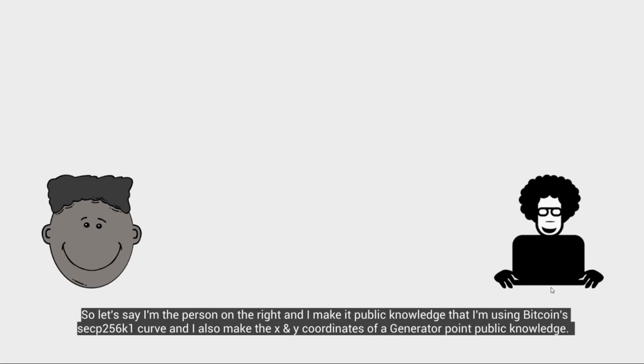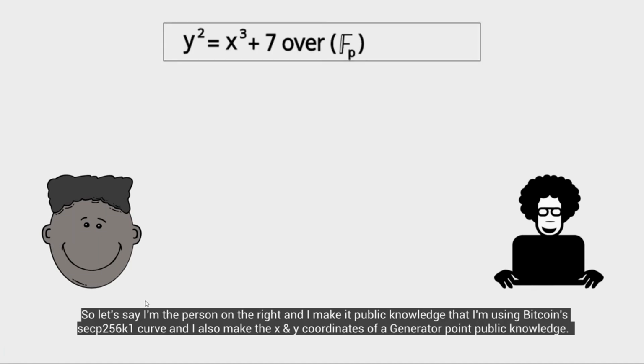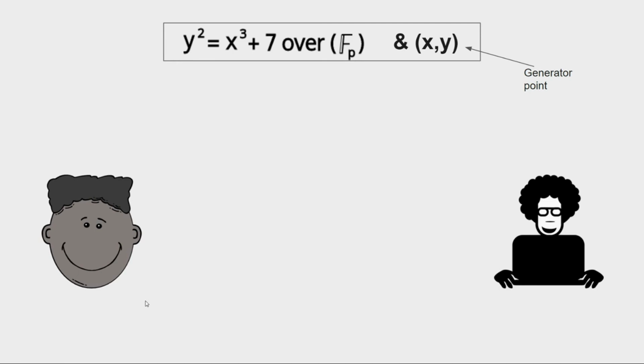So let's say I make it public knowledge. This is me. Let's say I make it public knowledge that I'm using Bitcoin's SECP256K1 curve. And I also make the coordinates of the generator point public knowledge. Since you are a cryptography expert now, this is you.